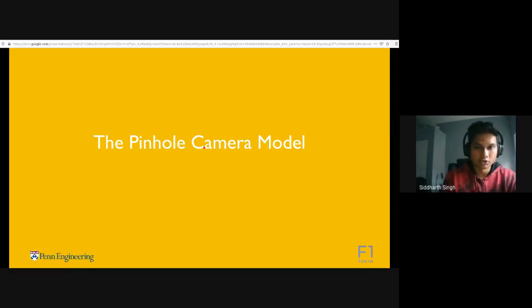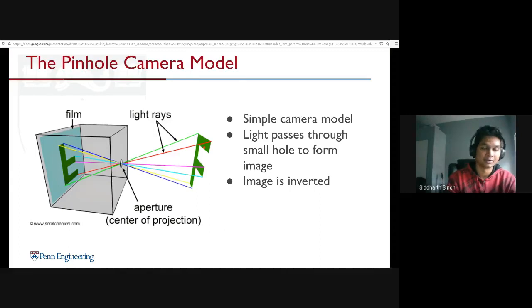So for single view geometry, the very first thing that we should start off from is the pinhole camera model. Very basic, very fundamental. Few of you might have done this in your high schools, but you create a very small pinhole in the box, and you light up a bulb inside, and you pass the light through, and it will show up inverted, right?